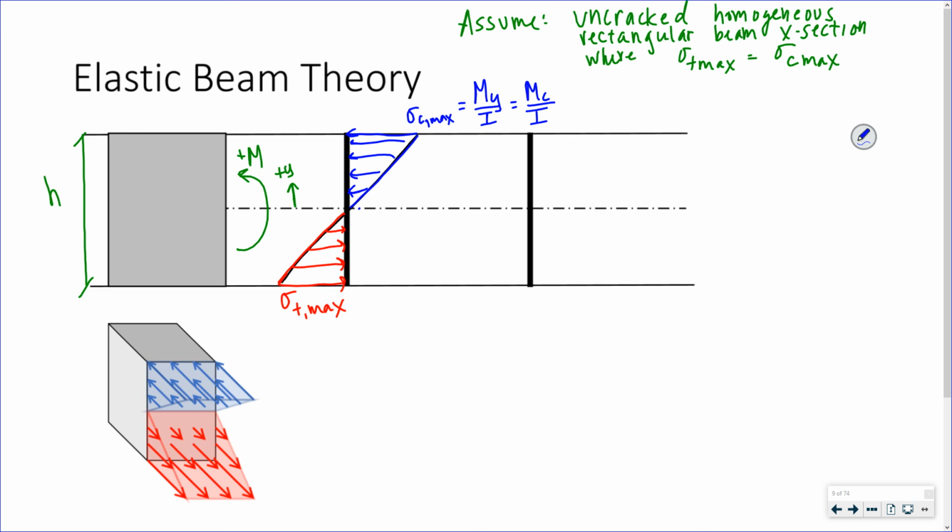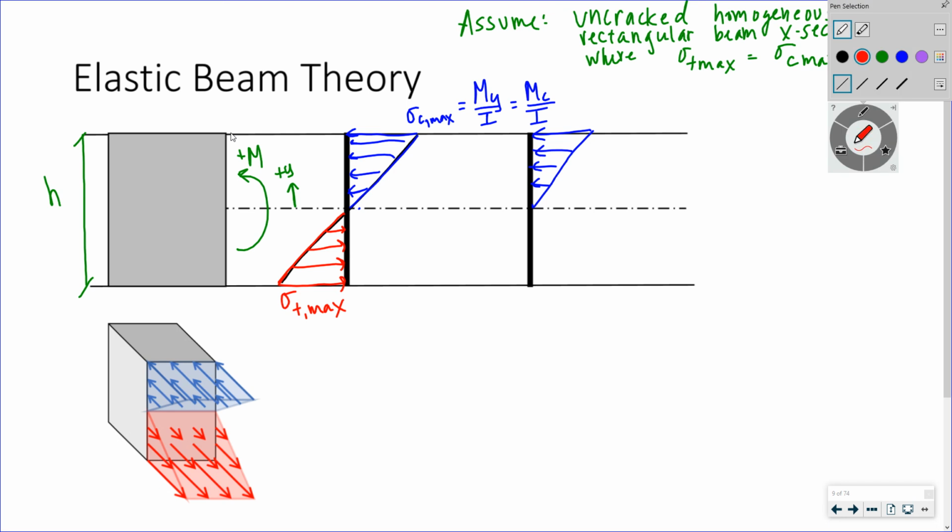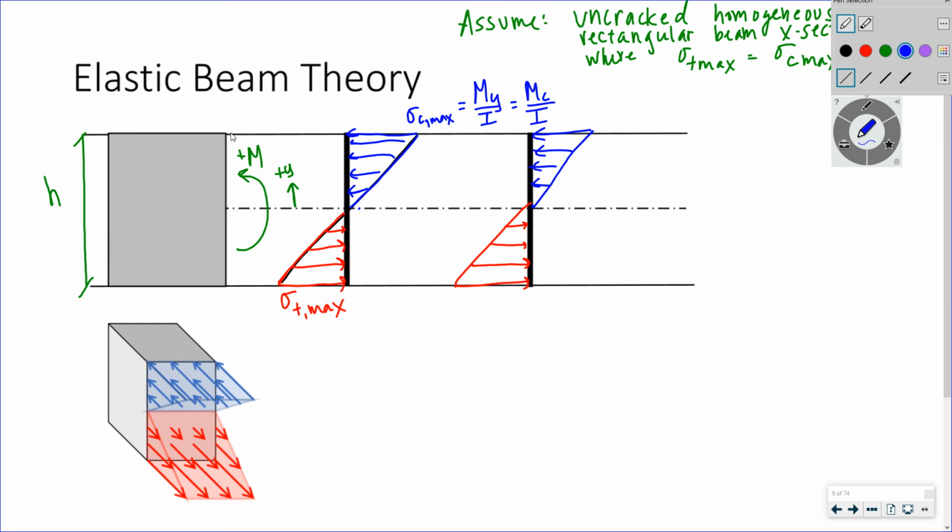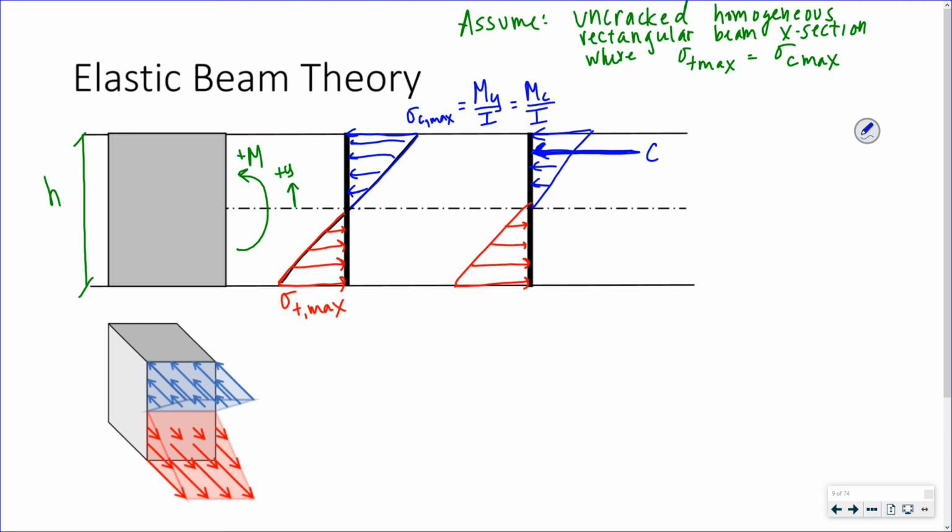Now I'm going to take my stress profile here, draw it again. And I'm going to resolve that triangular stress distribution into a single force C at the top, right?